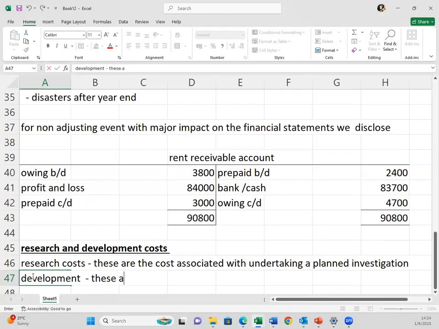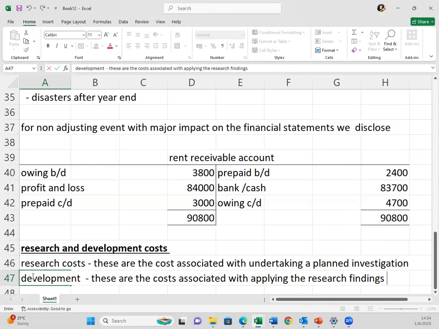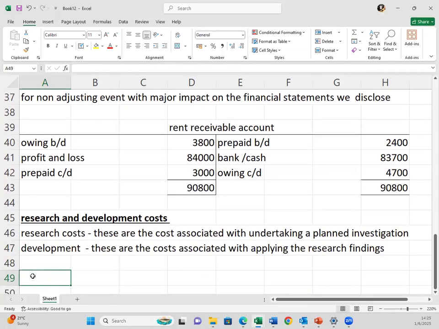So these are the costs associated with applying the research findings. You need to be able to separate: this is research cost, this one is development cost. Research, you are undertaking an investigation. Once you are done, you start applying your research findings. That process of applying is development.